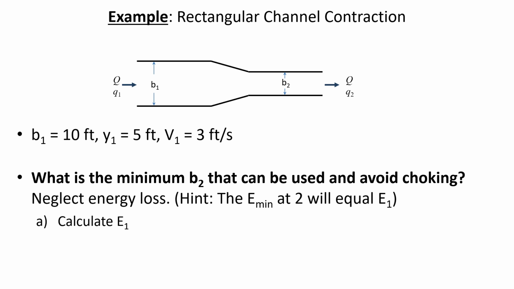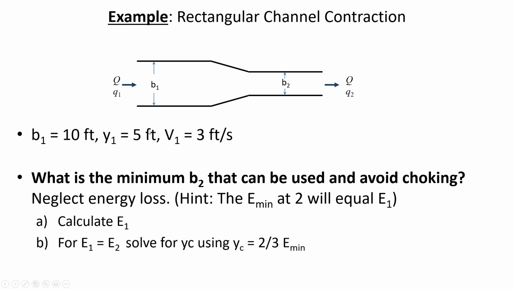So what we're going to do first is calculate the specific energy at 1, which is the depth plus the velocity head. For this, let's just neglect any expansion or contraction coefficient. Let's say the energy at 1 equals the energy at 2 without any C value being accounted for.